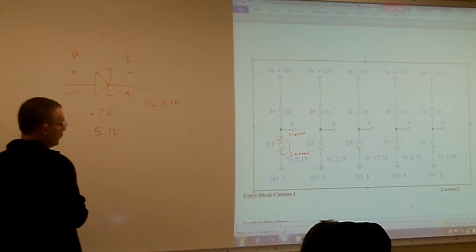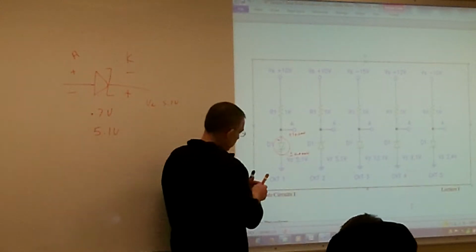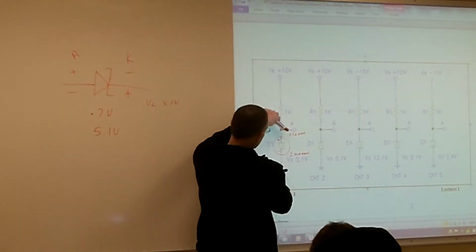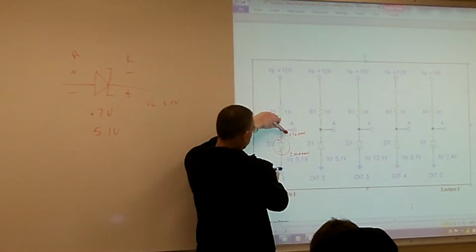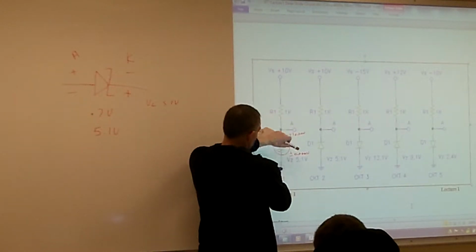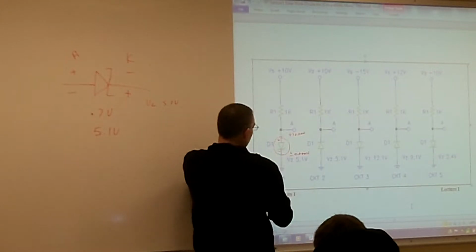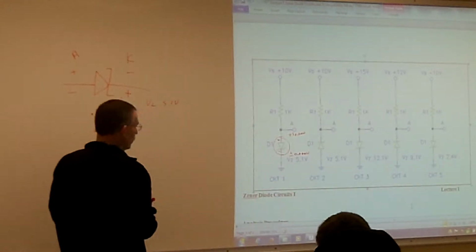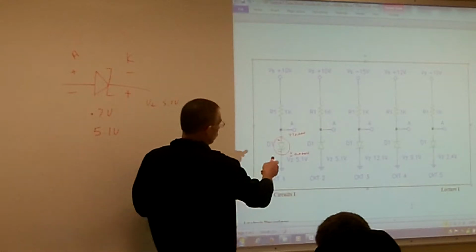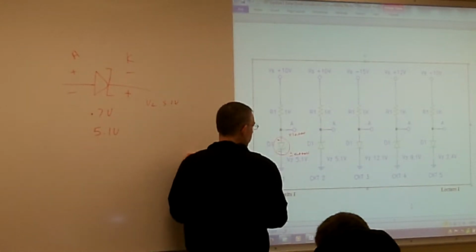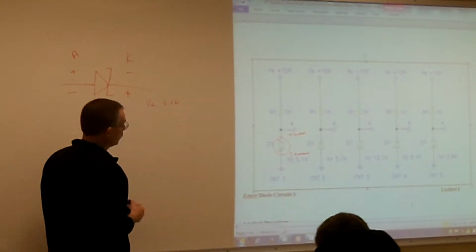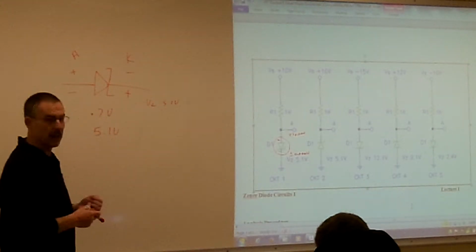Okay, now we look at our voltage on our anode, and we look at our voltage on our cathode. Is my anode voltage more positive than my cathode? Yes. So then we have to ask ourselves, is this going to be a go diode, go Zener, or no go?